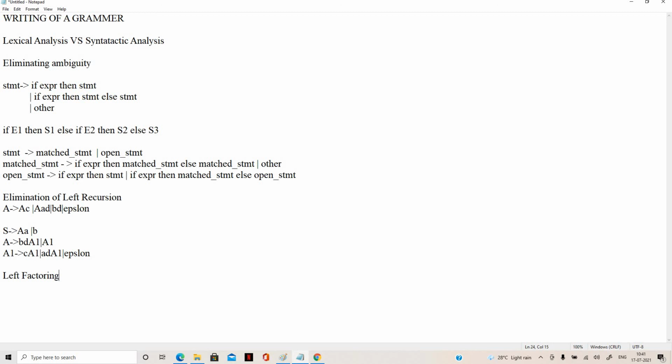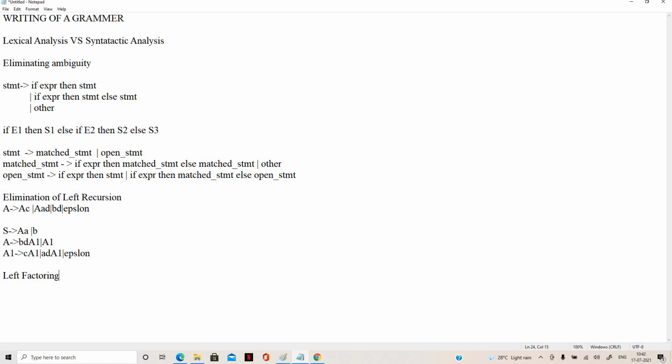Then what we are supposed to do is, once you have written the grammar, check whether the grammar has any ambiguity. Then you are supposed to eliminate that. Does the grammar have any left recursion? If it has left recursion, then you need to eliminate it. Again, you need to check whether the grammar has left factoring. If it has left factoring, then you need to process that also.